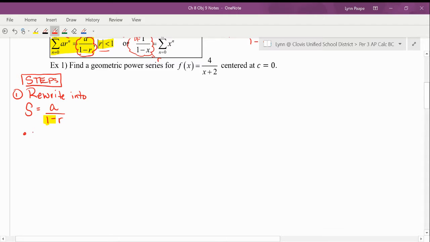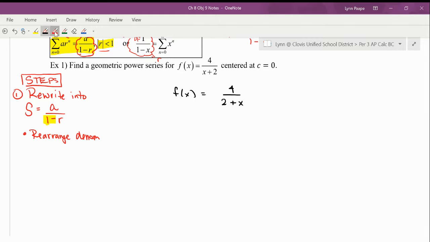So I'm going to rearrange to have the variable on the right in the denominator. That's my first step, and I'm going to do that over here. So I have that 4, and I'm going to put that variable piece on the right.